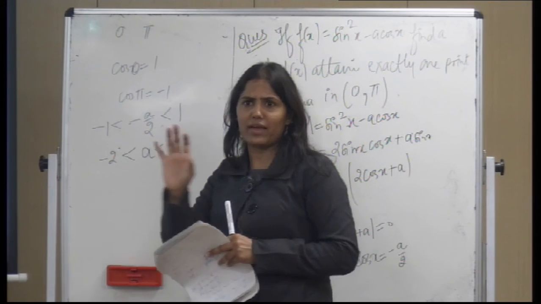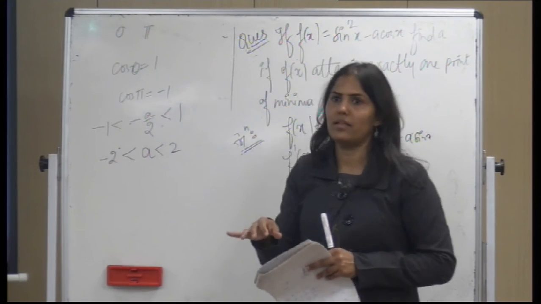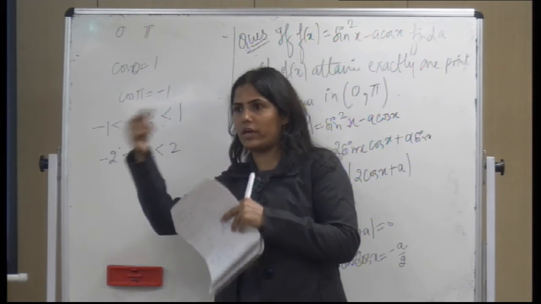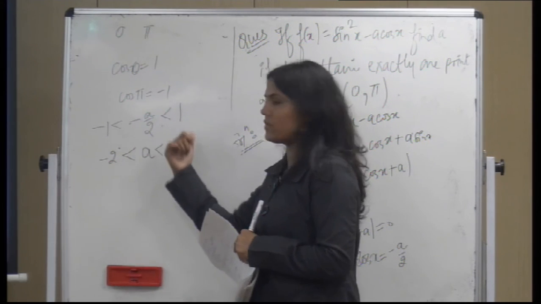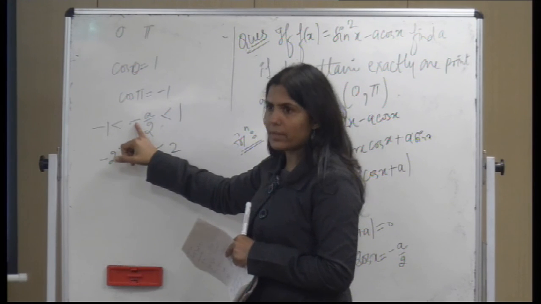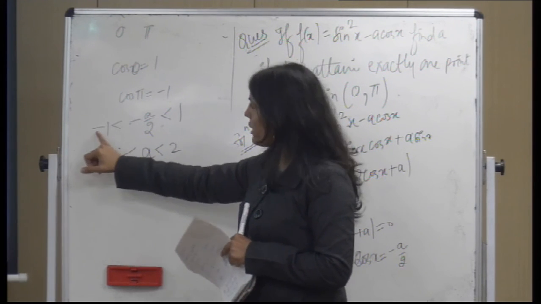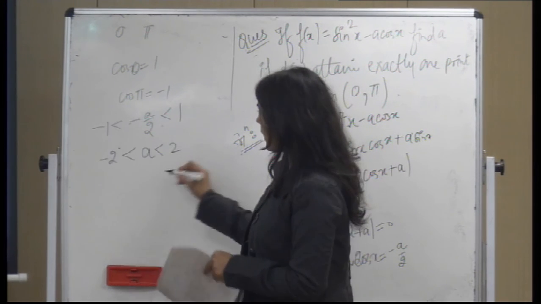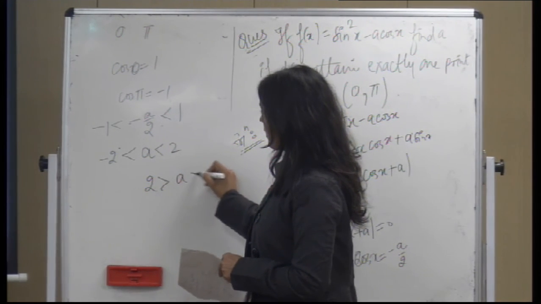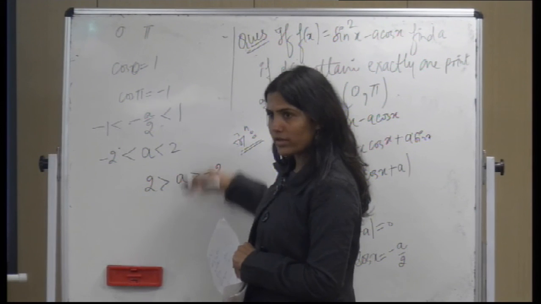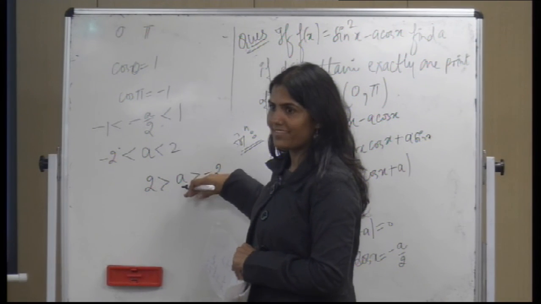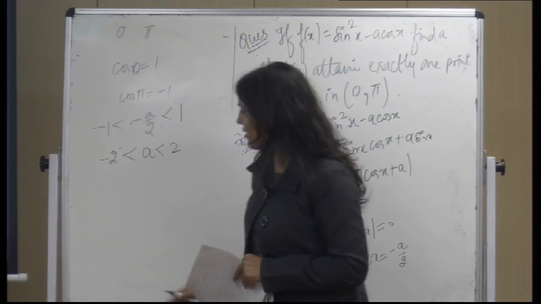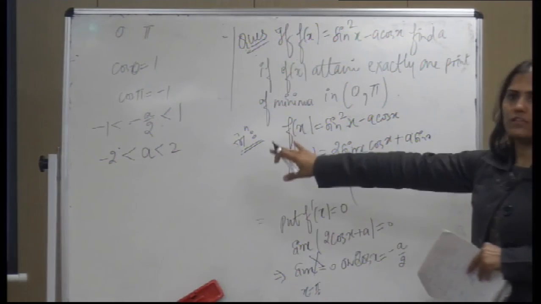I think nobody writes the interval like that. Whatever you are saying, that minus is there, so the inequality will change when you multiply by minus, it will become positive. So it will become like this. I think both are the same. Is it fine? So don't think that I haven't done that.